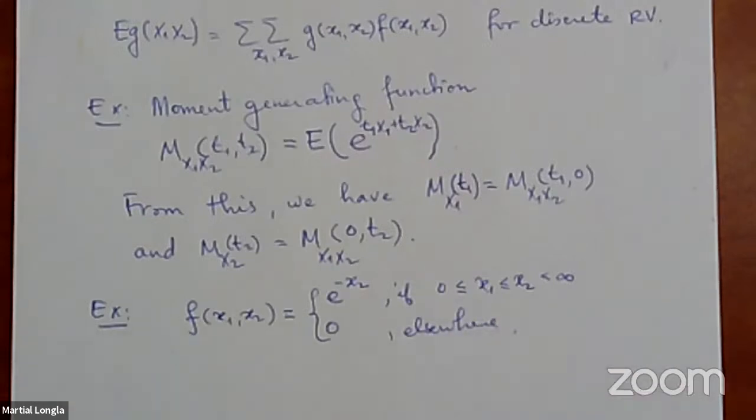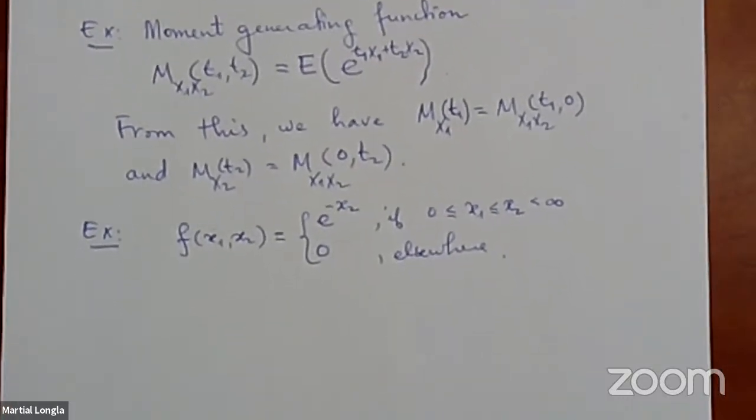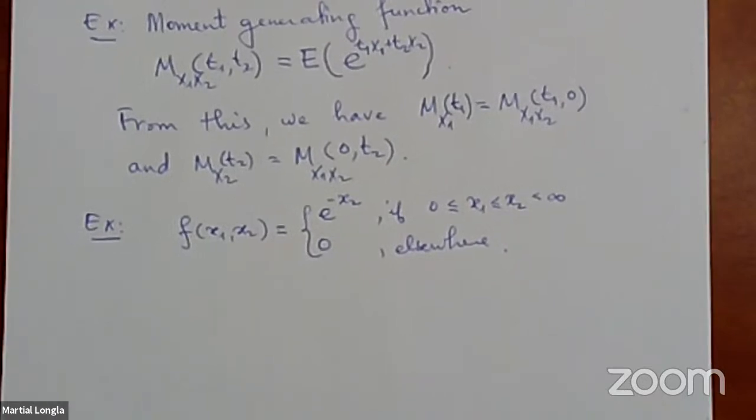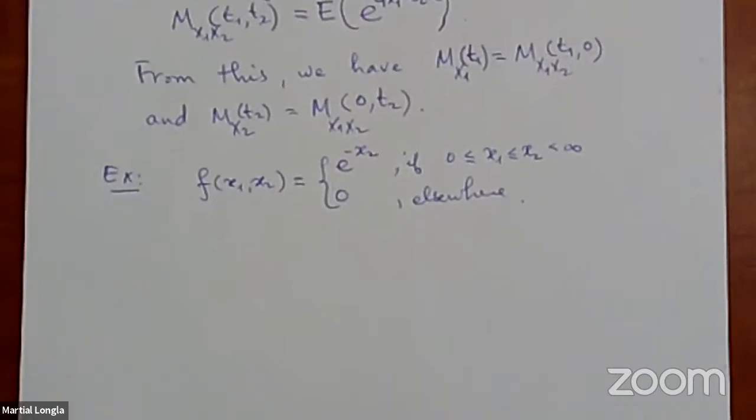So that's the joint PDF of x1, x2. And our job is to find the moment generating function of the variable x1, x2, find the moment generating function of x1 and x2 separately, and perhaps find the marginal distributions, which are the things that we put on the board last time without working out some examples. So we do that now.